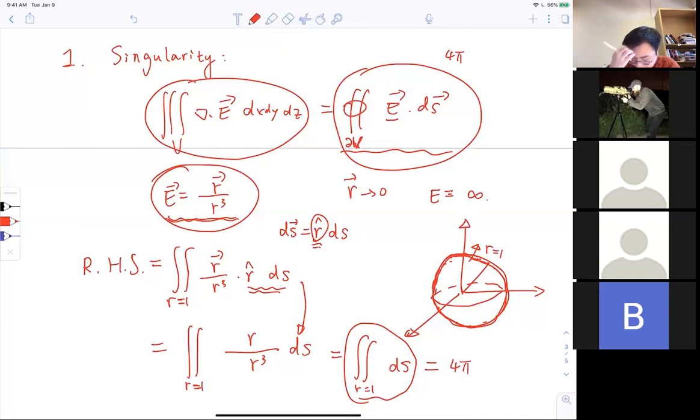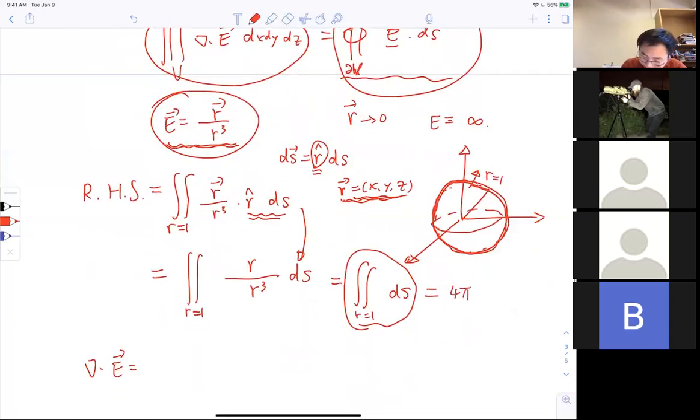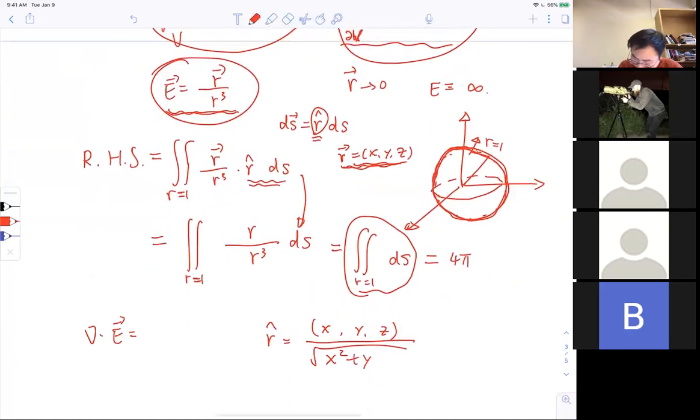What is the r vector here? It's just (x, y, z), the three-dimensional vector. What is the connection with r hat? r hat is the unit vector, so r hat is (x, y, z) divided by the magnitude of this vector, which is the square root of x squared plus y squared plus z squared.